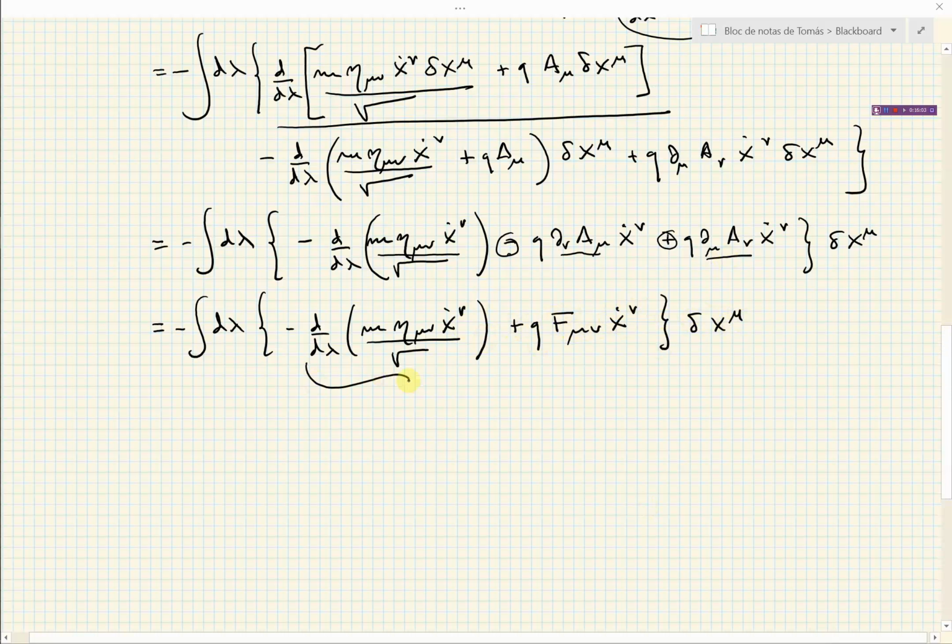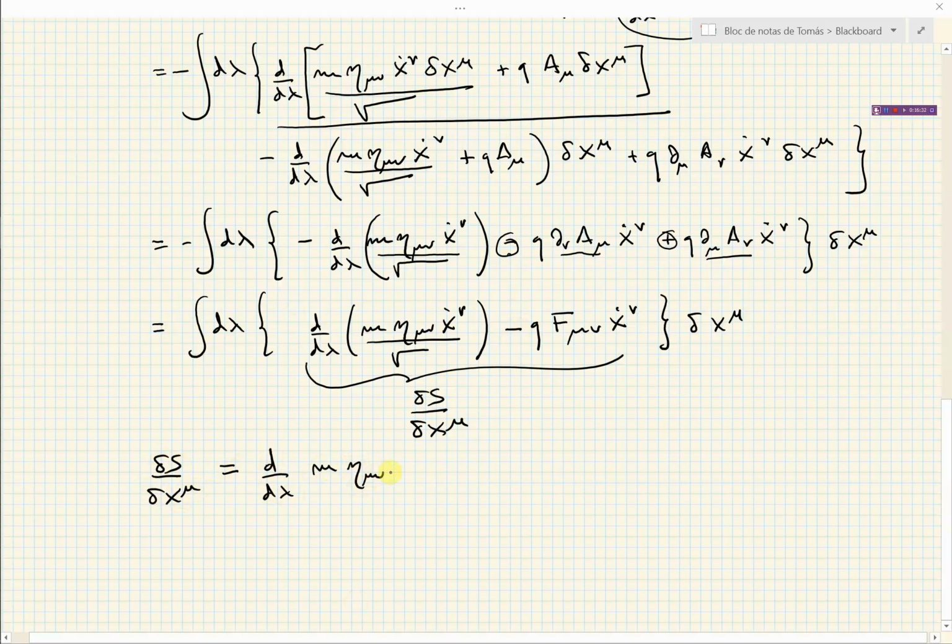So now this is clearly delta s over delta x mu. Well, if I do it carefully, then I have to include this minus sign, so I change the sign everywhere, and I get these equations of motion. So this is d lambda of m eta mu nu x dot nu divided by the square root, minus q f mu nu x dot nu, equal to 0.